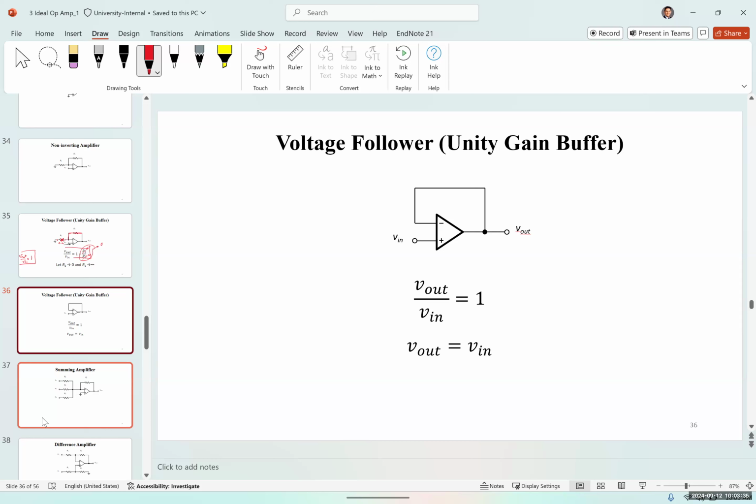So we use a buffer to separate the input and the output, for example. It has a unity gain of 1, doesn't have any phase shift. So if you give it a signal like this, it's going to give you the exact signal in the output. No phase shift, no voltage gain, nothing. So gain in the system is 1, and the input signal is always equal to the output signal.